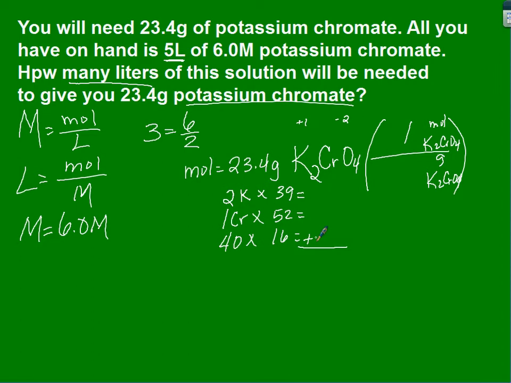So go ahead, give me the molar mass. 194. So on the bottom, so do what with it? Divide.